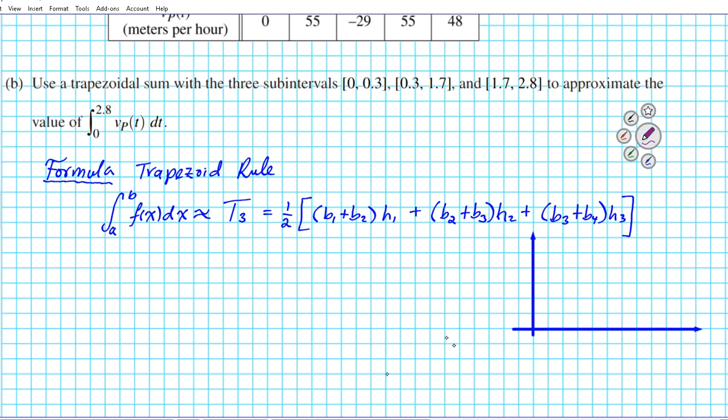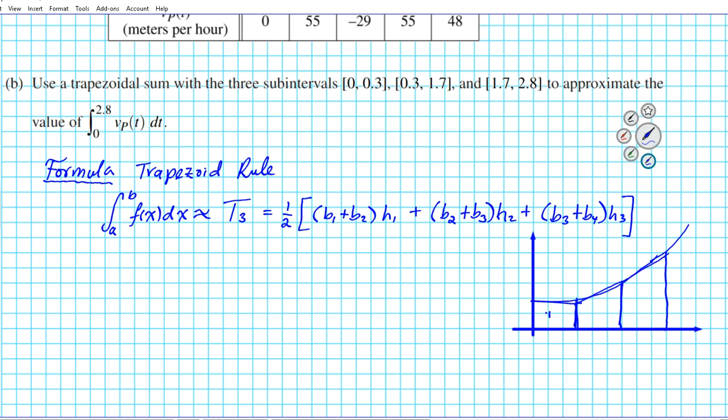Okay, so let's say we have a function. This is an increasing function. Okay, so it's something like this. And then we want to use 3 trapezoids. So this is going to be the first x1, x2. So we have 3 intervals, 1, 2, 3, and then the last one right here. And then let's say this function is going on forever. Okay, so you have your first trapezoid, your second trapezoid, and your third trapezoid.